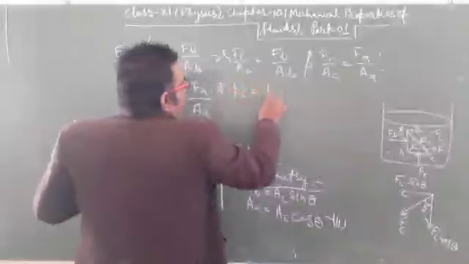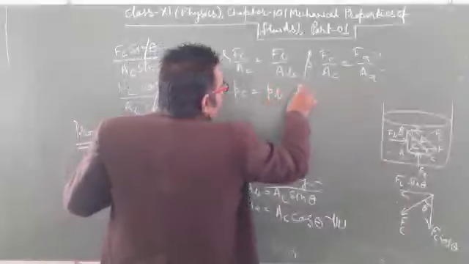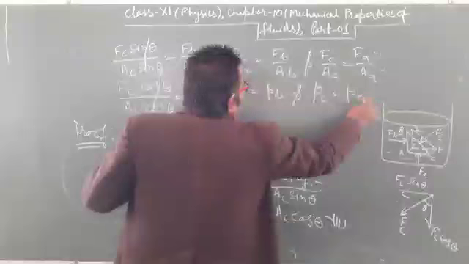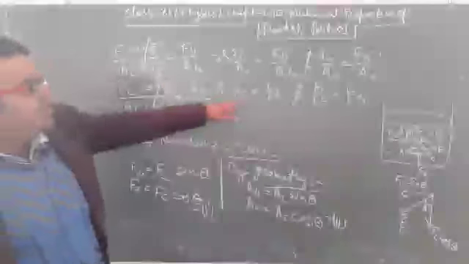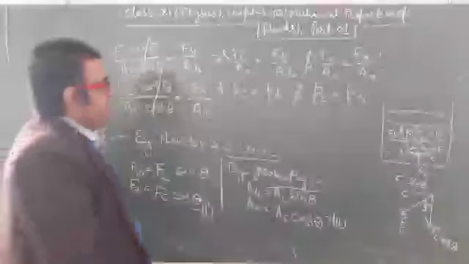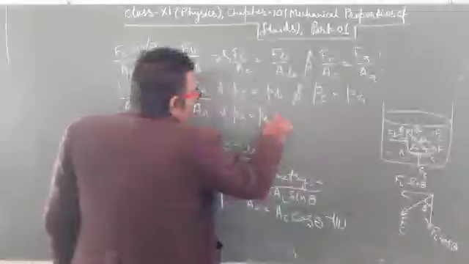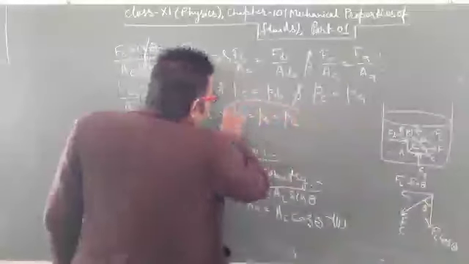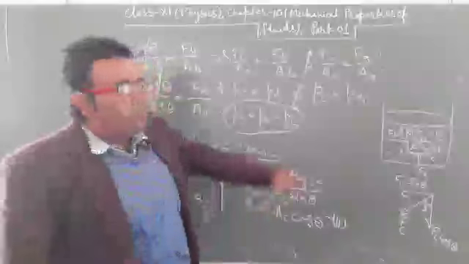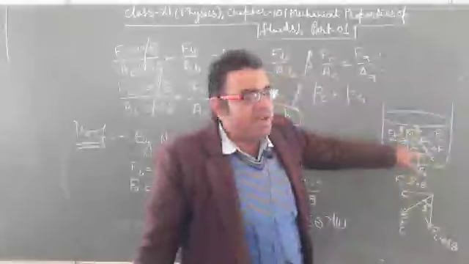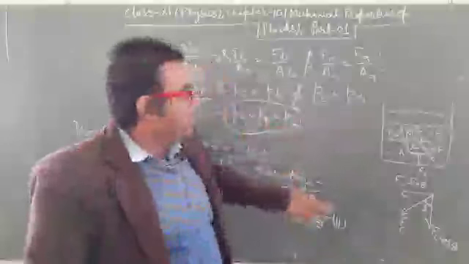Now we can say that Pc is equal to Pb and Pc is equal to Pa. Two things are equal to the same thing, so we can write that Pa is equal to Pb is equal to Pc. This means we have proved that if the solid is at the same height in the liquid, then the pressure in all directions will be the same.